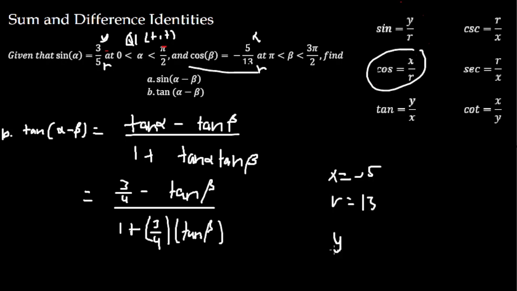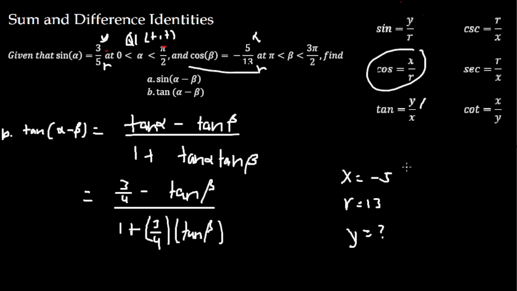And we don't have the y. Sorry, this is y and this is r. I know, x over r, and we are finding the tangent of beta. We don't have the y, so x is equal to negative 5, r is equal to 13, and our y is unknown.